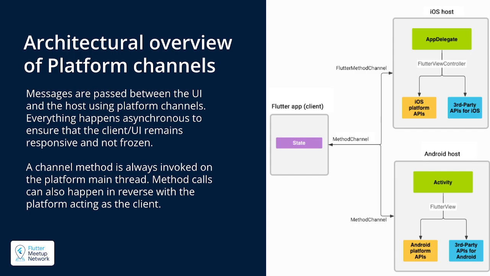It's like shortcuts where you click on the app icon and you see some other actions you could perform, right? In that case, the platform is the client, right? You've reversed the mode of communication. So let's proceed. That's basically how regular platform channel plugins behave.